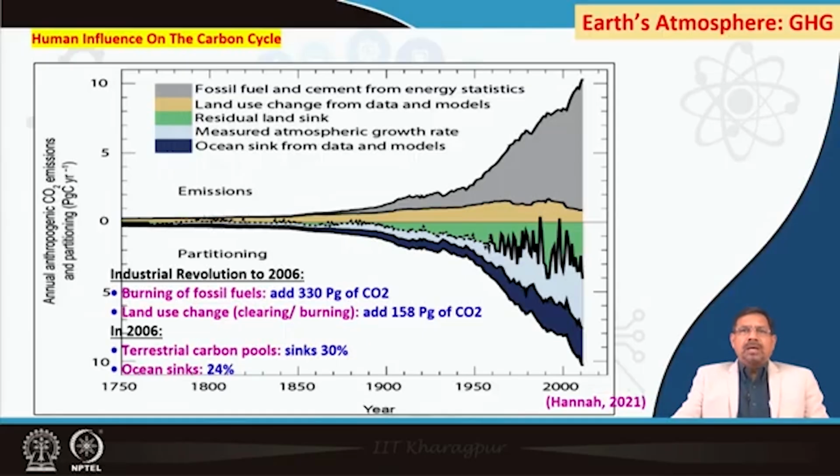So, 2010 since last 15 years. And if we see here, gradually from 1850 onwards, the annual anthropogenic CO2 emission has started increasing, and it is shown here that the upper one is dominantly contributed by fossil fuel and cement, from different energy sources as far as the statistics is concerned.